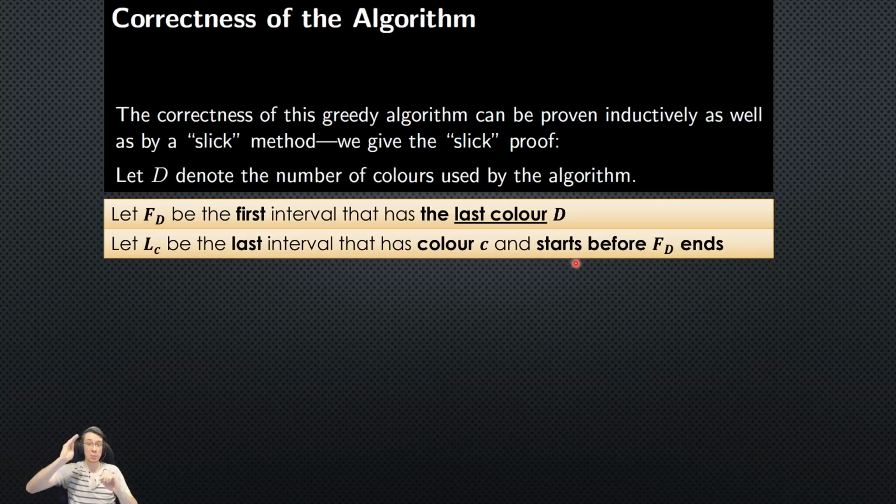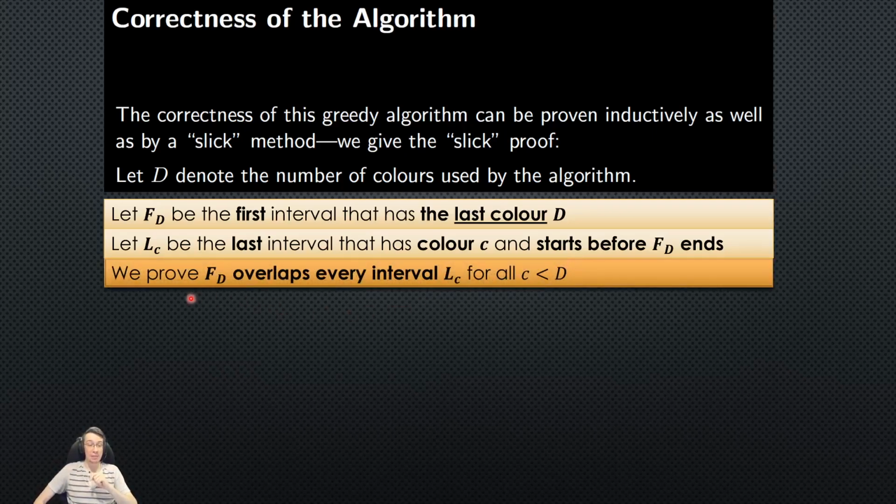All the ones that start before FD ends. So basically just ignore everything that happens in the execution after FD finishes. Just think about what happens before FD finishes. And select the last interval that has color C that starts before FD finishes for each color C.